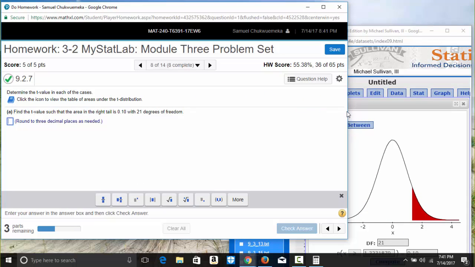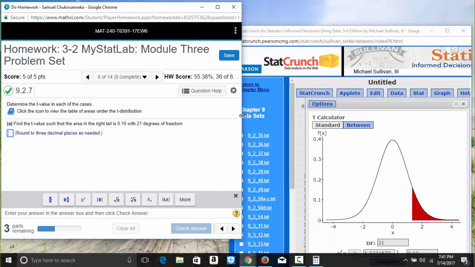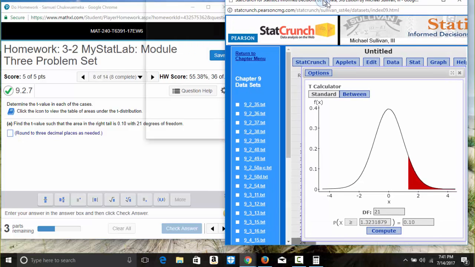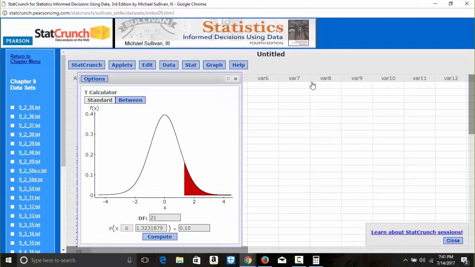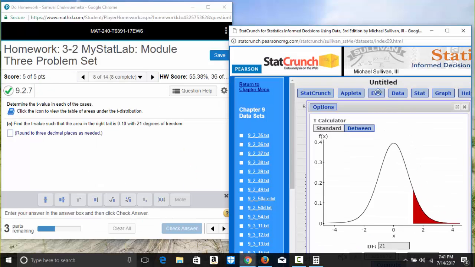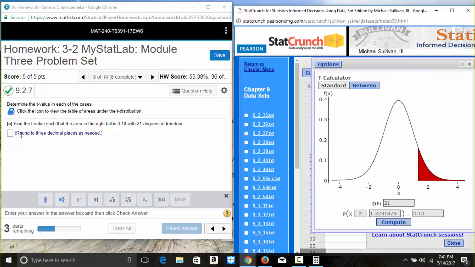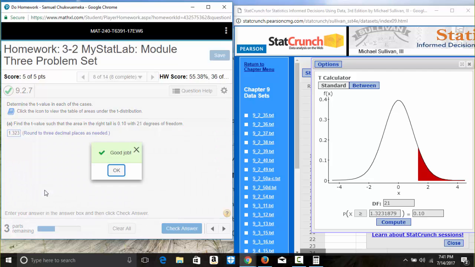I want to adjust this so you can see it side by side to make sense to you. Okay, there you go. This will now be 1.323.